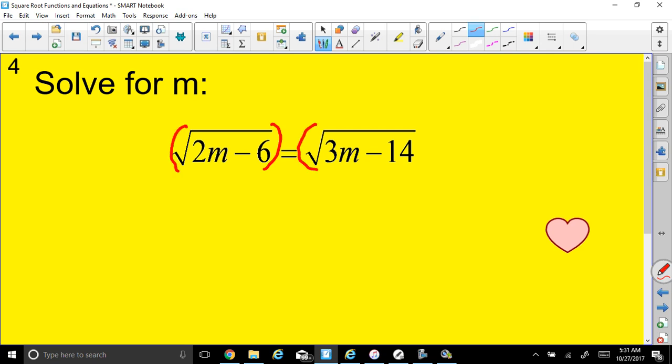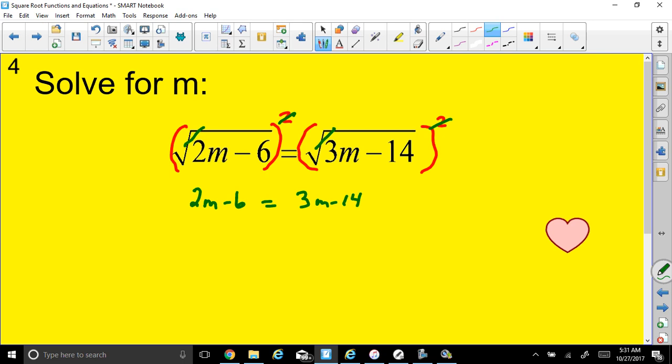So let's put our parentheses around this and square these radical signs. What that does is cancel out the square root and the exponent of 2, leaving us with 2m minus 6 equals, and again, this square root cancels out with the exponent of 2, leaving us with 3m minus 14.